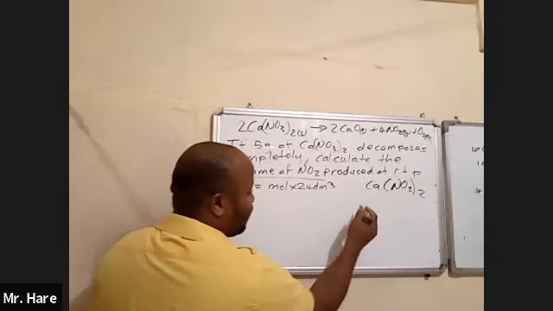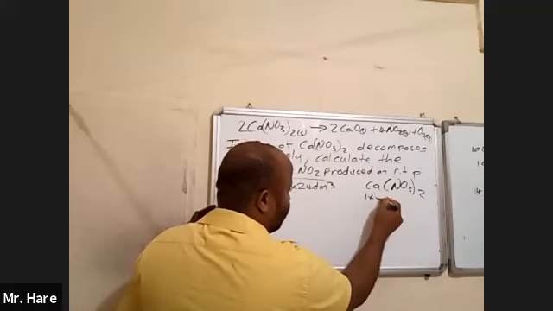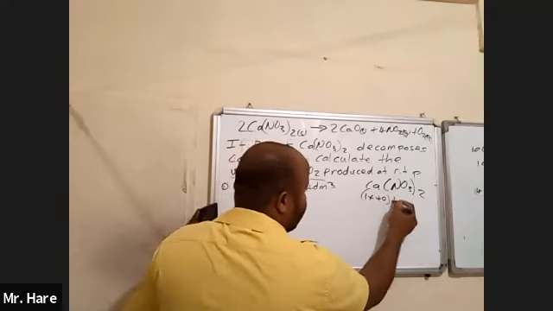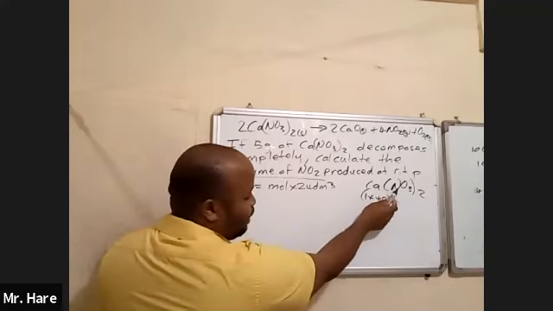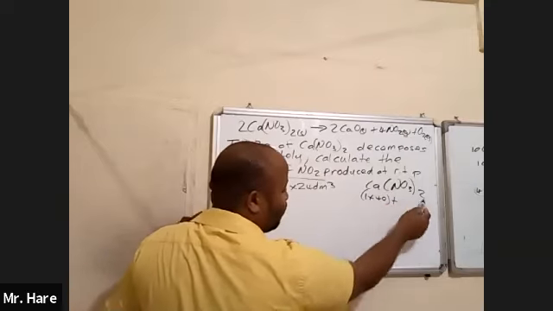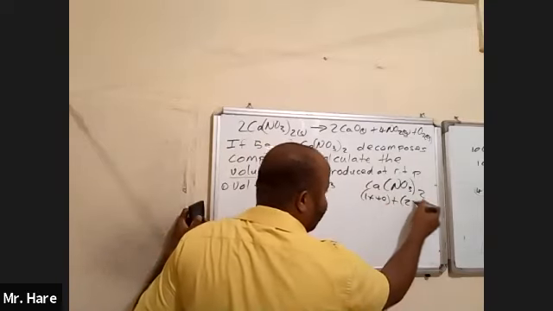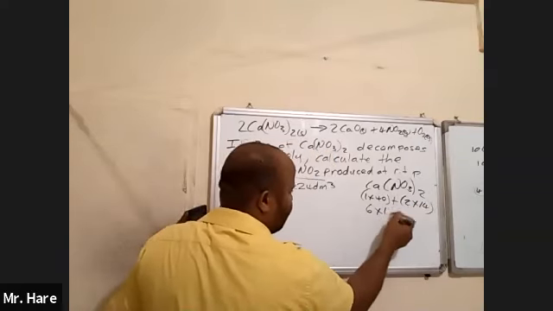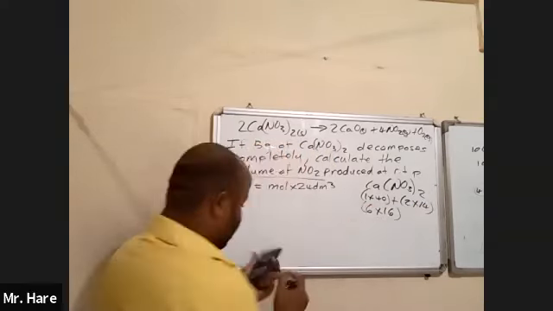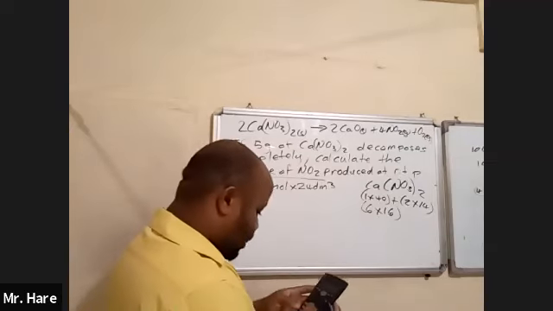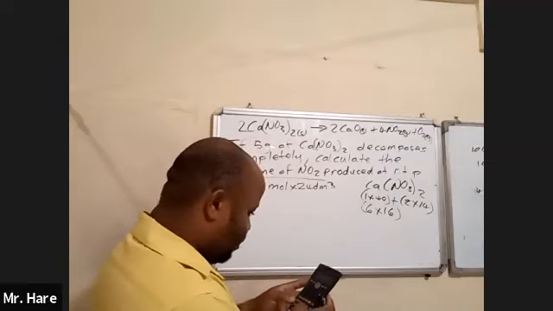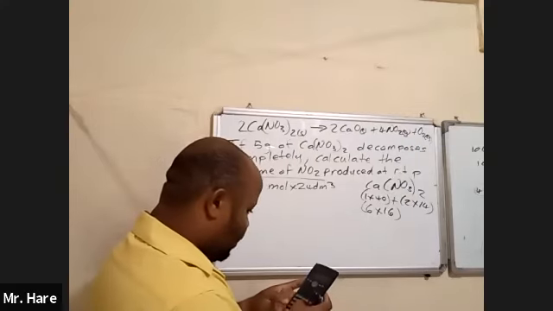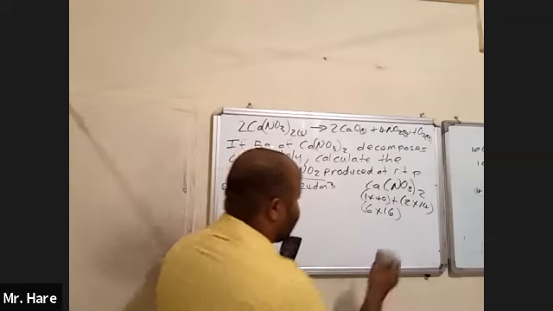You have 1 calcium, so 1 times 40. 1 nitrogen inside the bracket and 2 outside, 1 times 2 is 2, and the mass is 14. Oxygen is 3 times 2, 6, times the mass, which is 16. So 6 times 16 plus 28 plus 40 is 164.